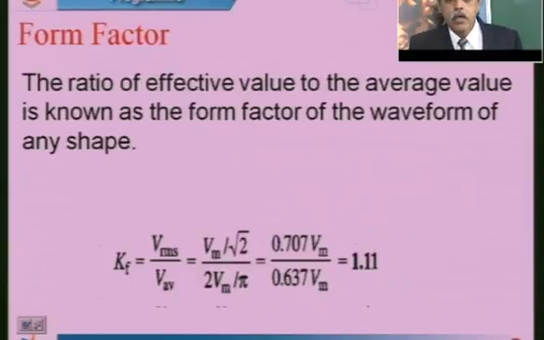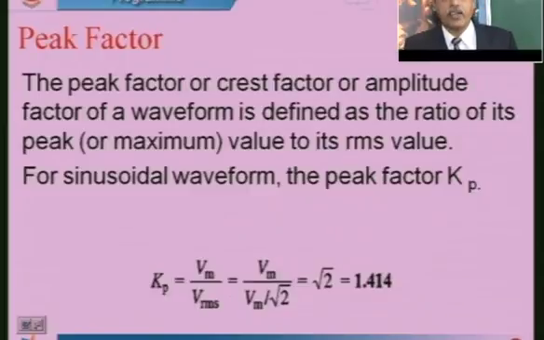Then we have a peak factor. The importance of peak factor is, in all electrical appliances, when you are trying to design the amount of insulation, we do not go for the RMS value, but we see the peak value or the maximum value. The peak factor, or the crest factor, or amplitude factor, there are 3 names for this.